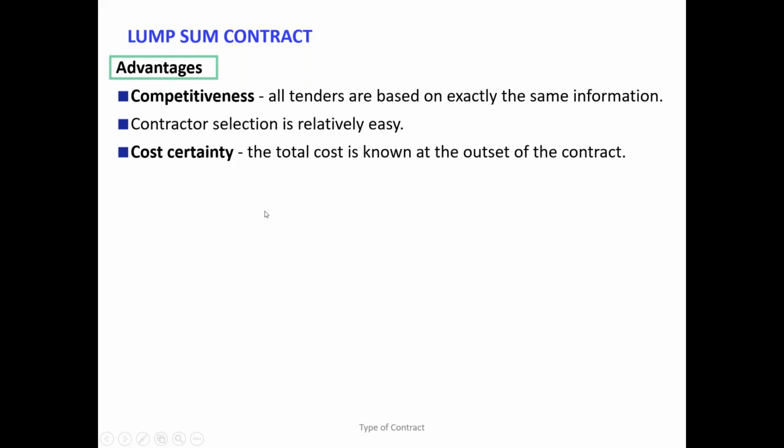And there is cost certainty, because you have defined the scope of work. The contractor defines the price, that is the lump sum. So the cost certainty is in the contract. Therefore, financial risk is transferred to the contractor, and the employer has low financial risk. Any cost risk is borne by the contractor, not the employer.